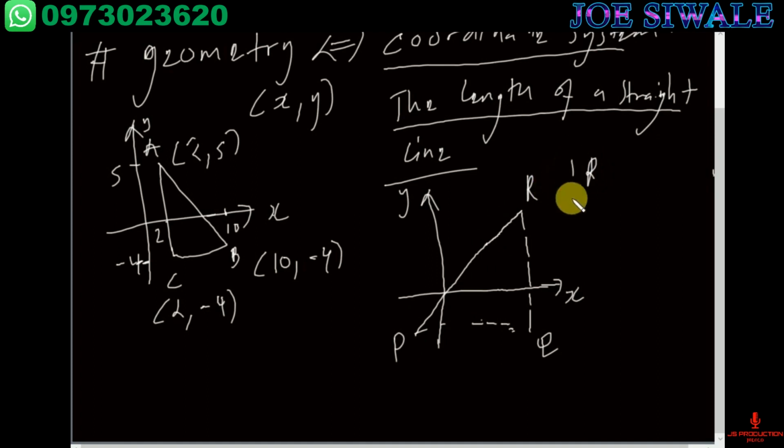As you can see, this triangle is a 90-degree triangle. That means that PR is the hypotenuse.